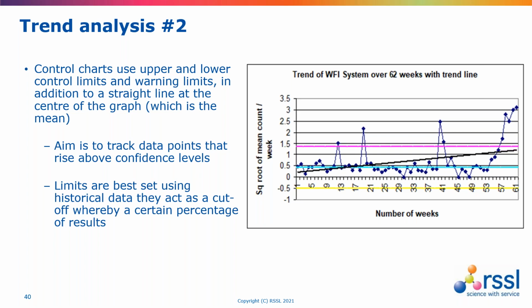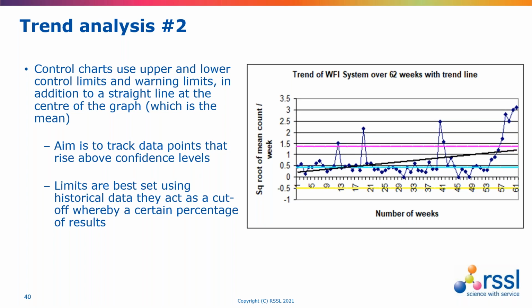So we've got an example here of a control chart looking at a water system over the course of a year. We can use some of this data to help set alert levels, and also to look at how the water is behaving. In this particular case, ideally the company would have taken action, or at least started being concerned, around week 57 on the chart.